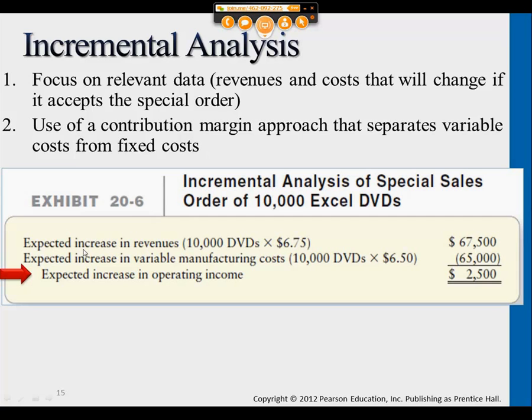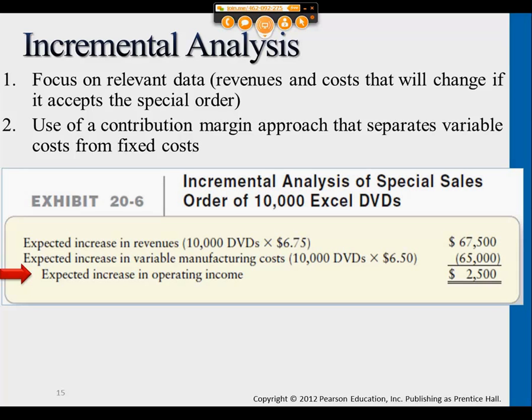So let's look here. We have revenue that goes up, just like I said, by 67,500. How did we find this? We have a special sales order of 10,000 DVDs, so it's 10,000 by 6.75. We got 67,500. And then we also expect an increase in variable manufacturing cost, which we got by 10,000 multiplied by 6.50.